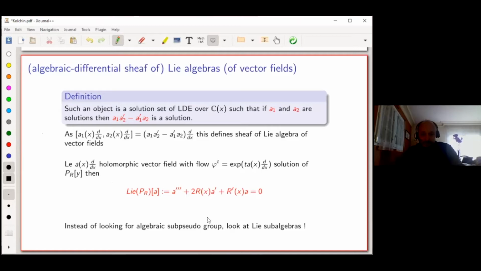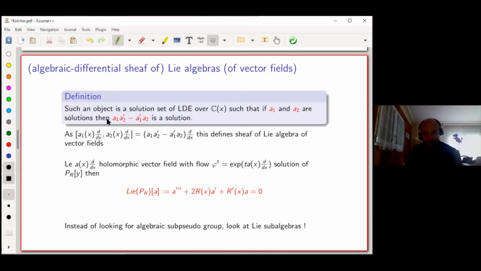And it is in fact a sheaf of Lie algebras of vector fields on the line, defined by differential equations. So here is again a rough definition.